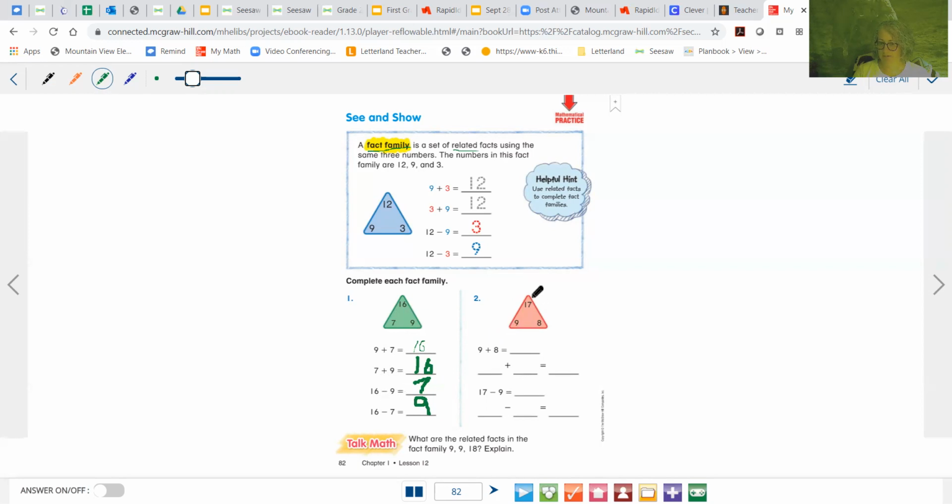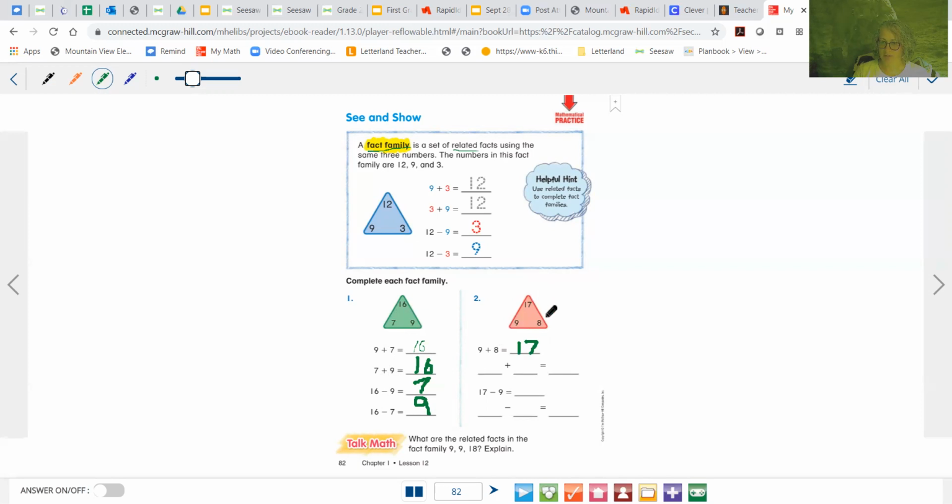Okay, let's look here. We have 17, 9, and 8. So here we have 9 plus 8 equals the largest number of those three, 17. Ooh, they're trying to trick us here. They have the other addition sentence and nothing there. If we just did 9 plus 8 again, we're repeating it.